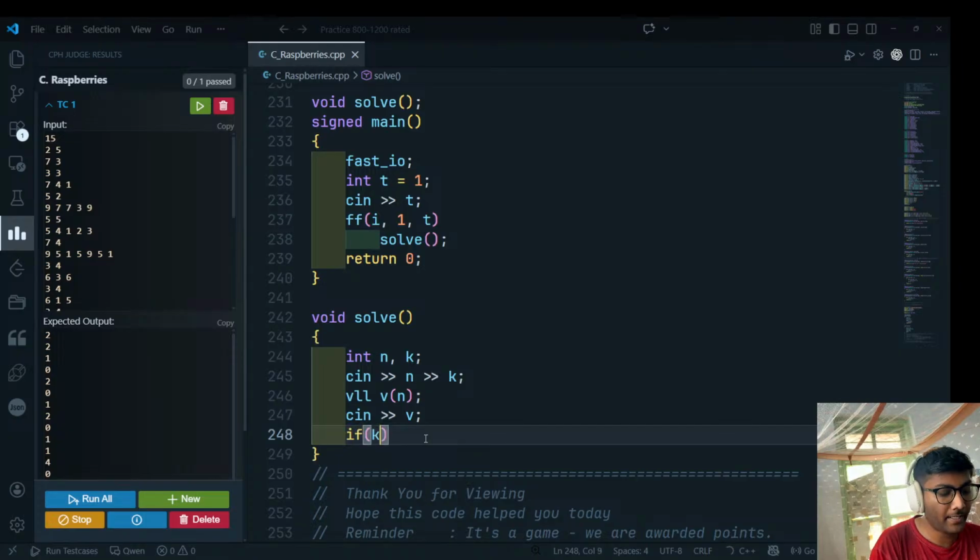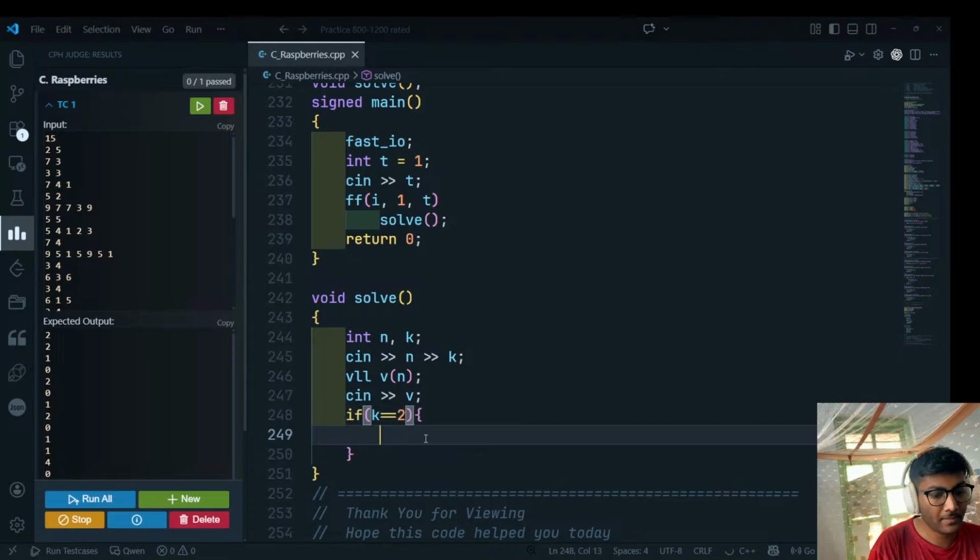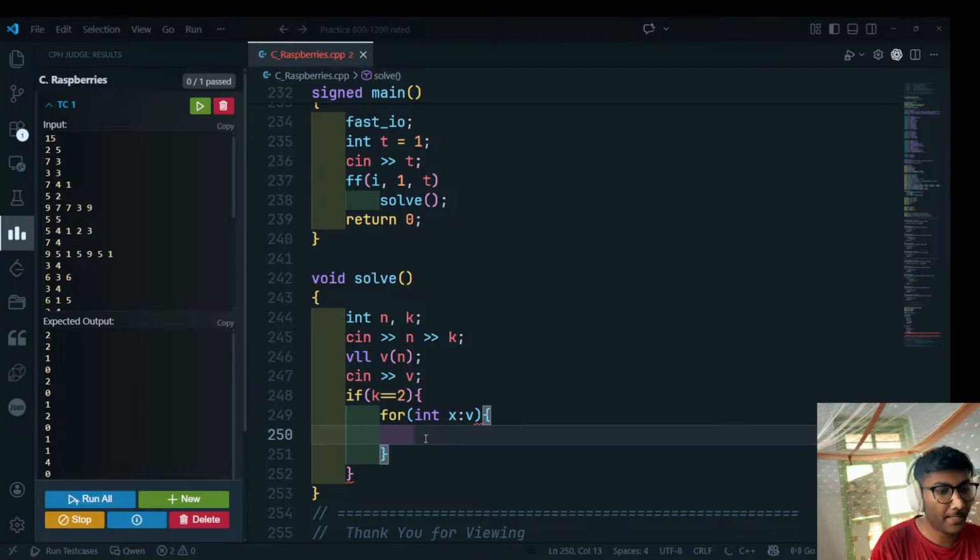So let's say if k equal to 2, then I will check how many odd numbers there are, right? So I will just check that. How many odd numbers are there? If x and 1, then plus plus, I guess.